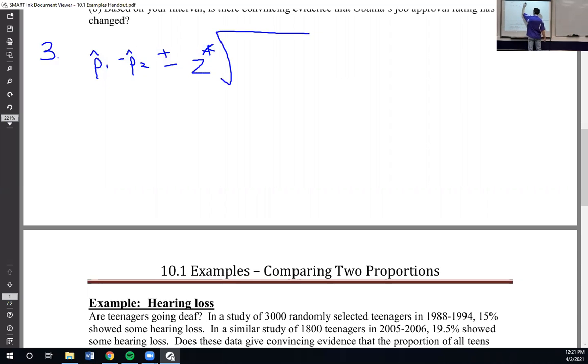So whatever our standard error formula is. This is in your formula sheet. Remember, it comes from adding the variances. So p hat 1 times 1 minus p hat 1 over n1, plus p hat 2 times 1 minus p hat 2, all over n2.